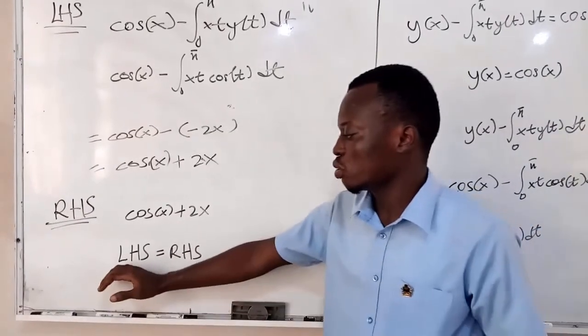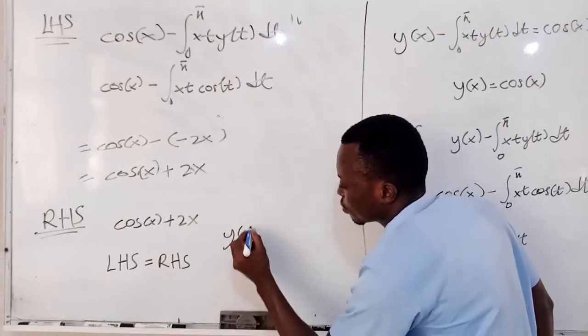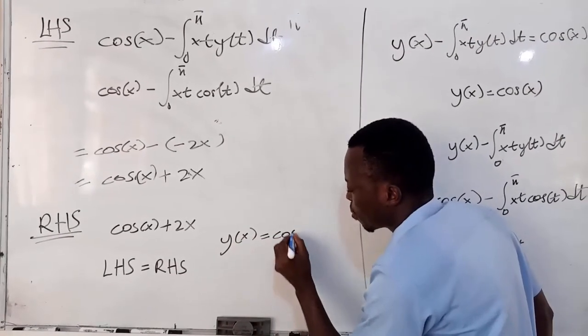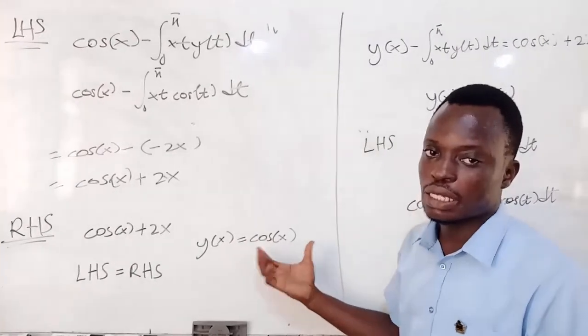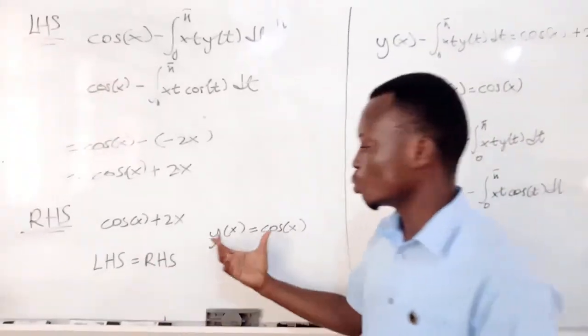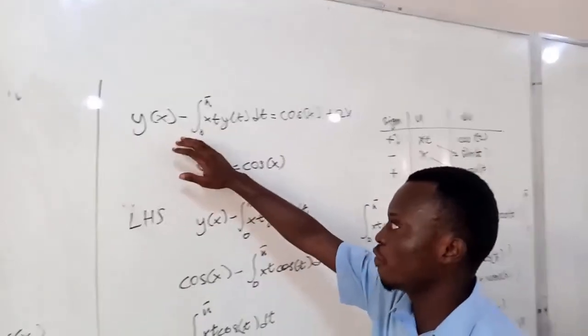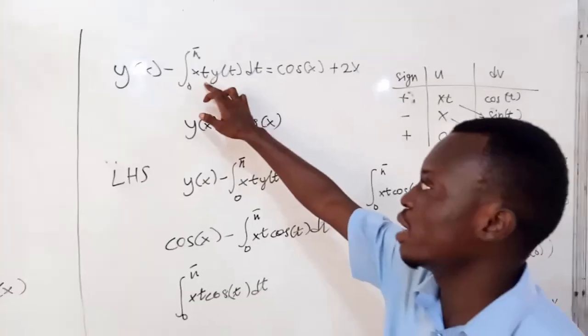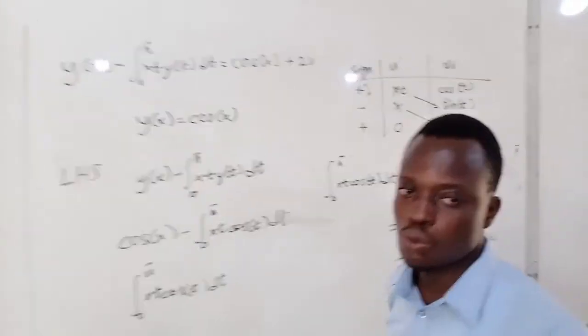Since the left hand side is equal to the right hand side, then y of s equal to cos s makes an identity with respect to s. Hence, this y of s is a solution to the integral equation y of s minus integral from 0 to pi st y of t dt equal to cos s plus 2s.